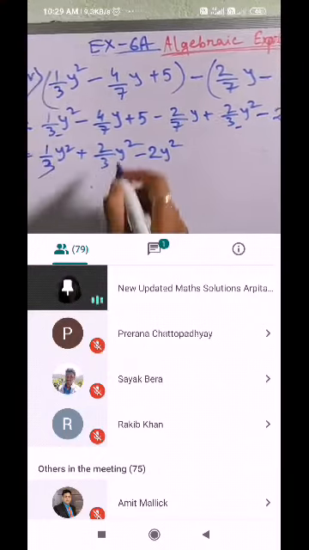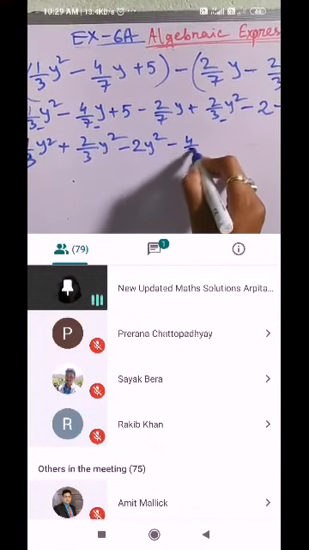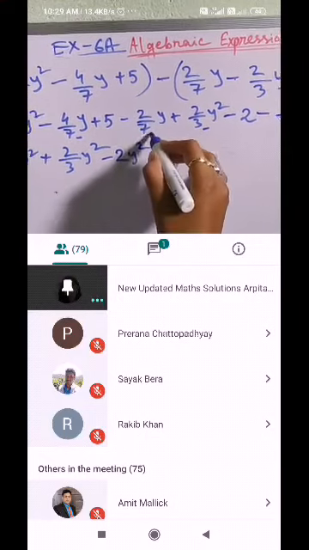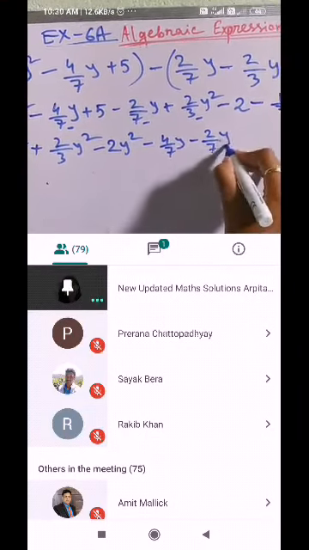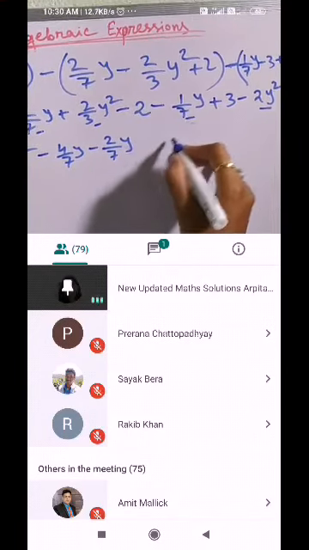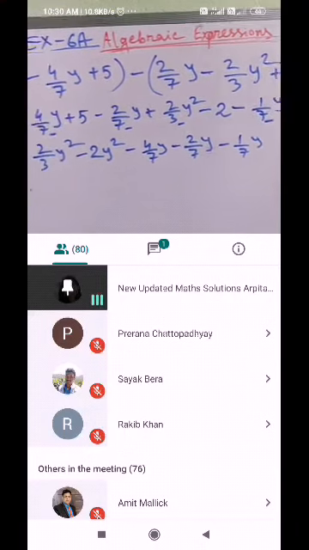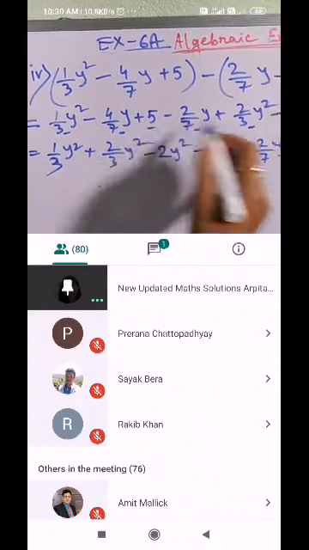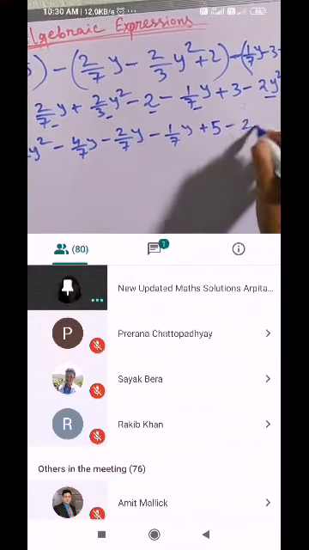Okay, then y term: minus 4 by 7 y, then minus 2 by 7 y, then minus 1 by 7 y. Okay, completed. Then the constant term: plus 5, then minus 2, then plus 3.